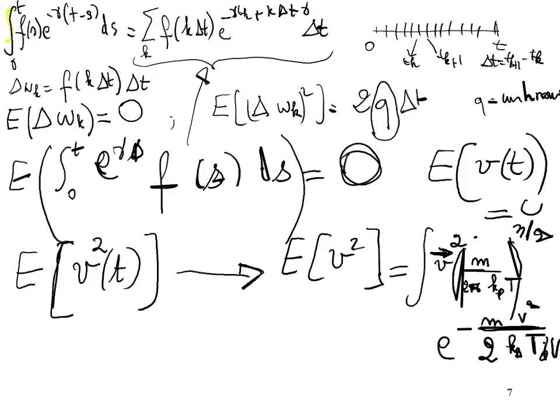So this is a classical integral. dV here, by definition, is the volume in the space of velocity, which is equal to 4 pi v squared dV. So this is the volume element.